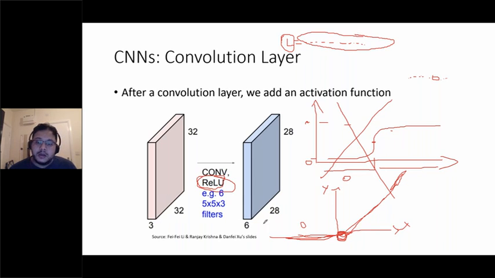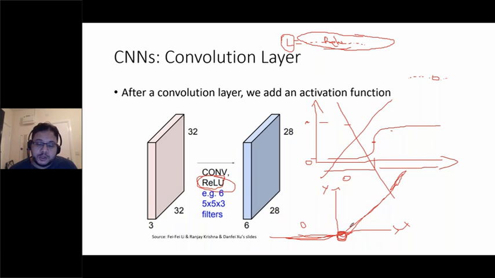The ReLU is somewhere here: ReLU of some input, the convolutional layer output, and we apply the ReLU to it. So computing the ReLU is not a big problem. If it is below 0, it is 0. If it is above 0, we keep the same value. We don't change it. What is the problem is the derivative.